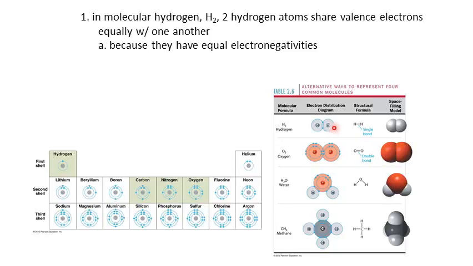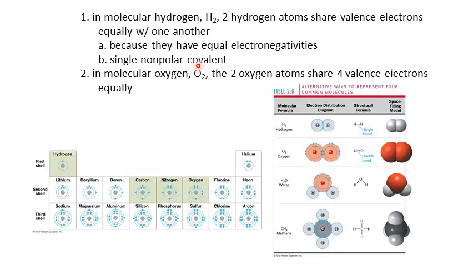This hydrogen atom's electronegativity is the same as this hydrogen atom's because they are the same element, so they have equal electronegativities. So they form a single nonpolar covalent bond. Sorry, I know the table reads nonpolar covalent and it should say bond after that. Single nonpolar covalent bond.